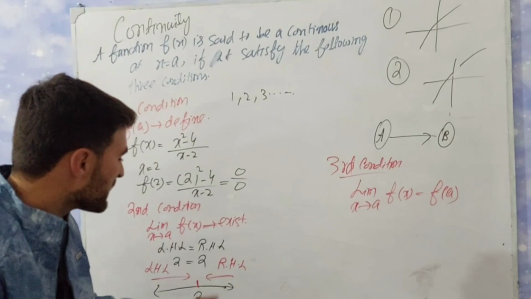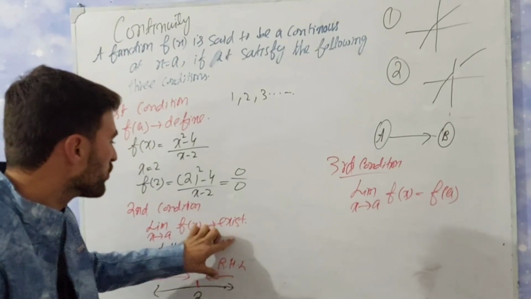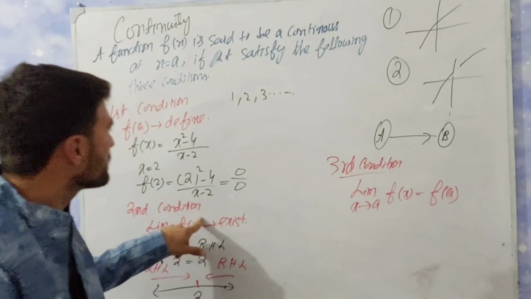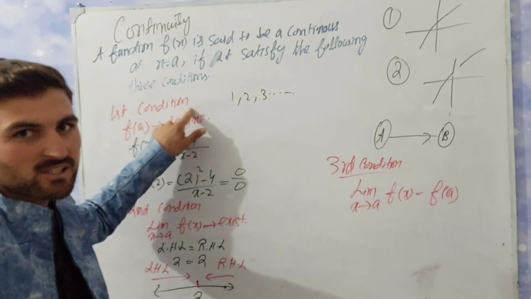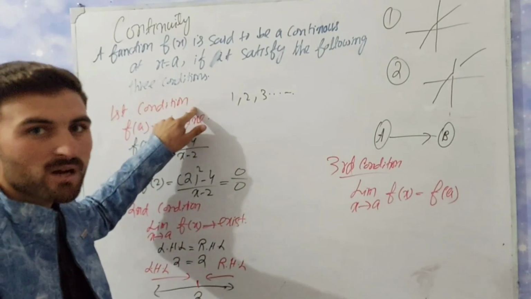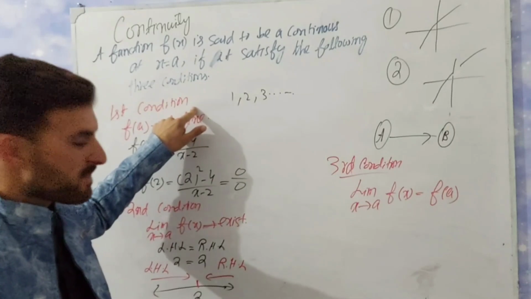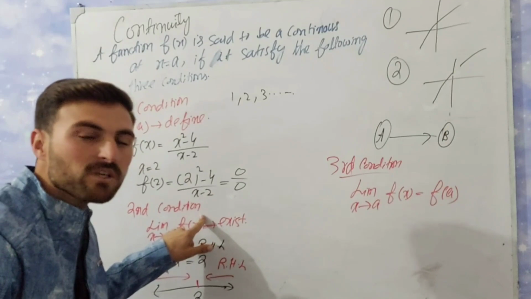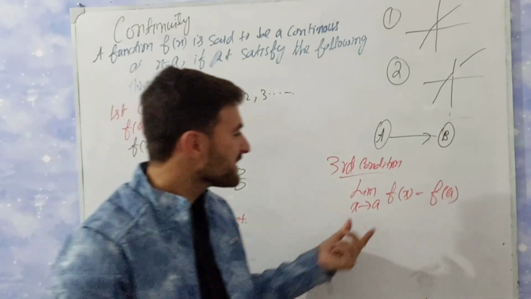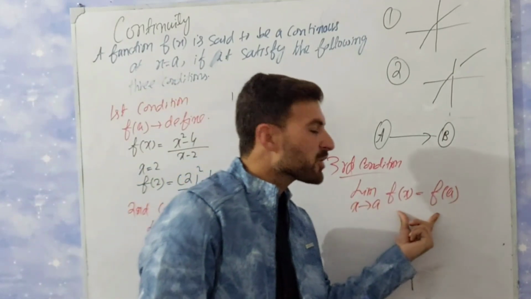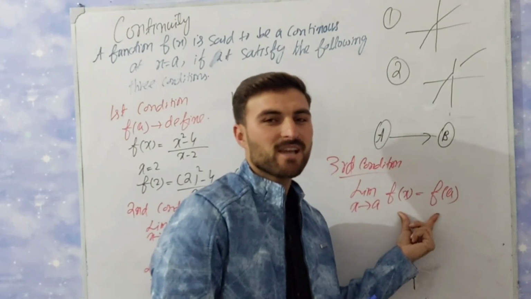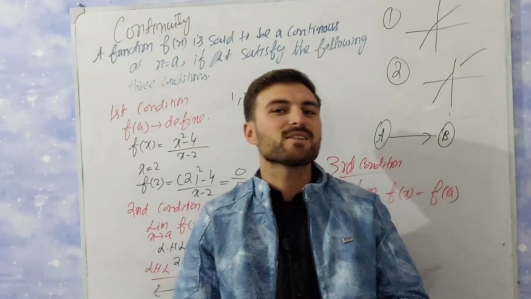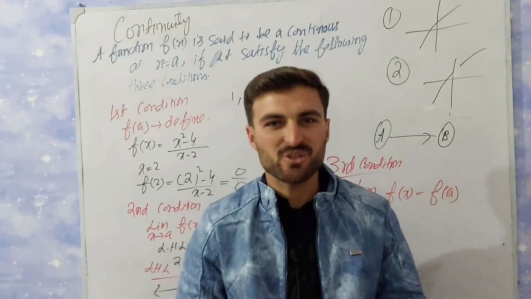It means that if I got 2 in the second condition, that should be equal to the value of the first condition. That should also be 2. Otherwise they will not be equal to each other, and when these two are not equal, we can say that the function is discontinuous.